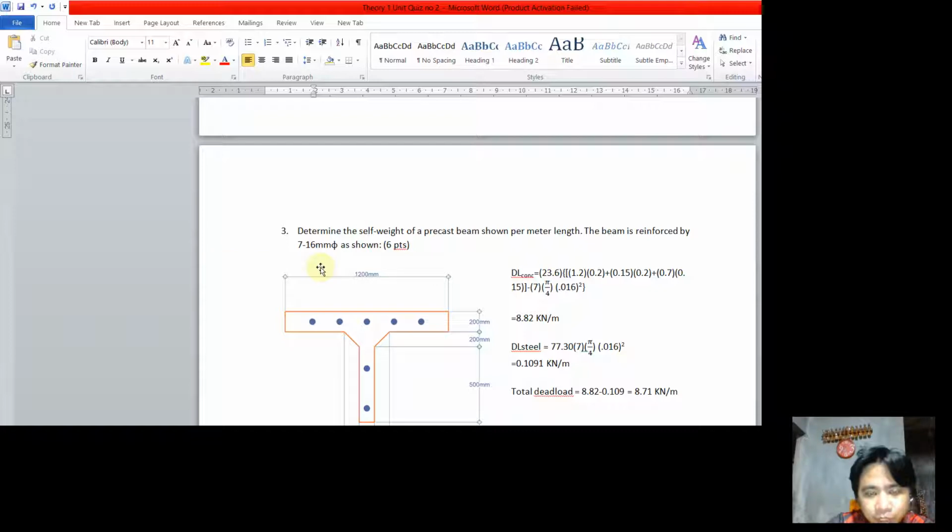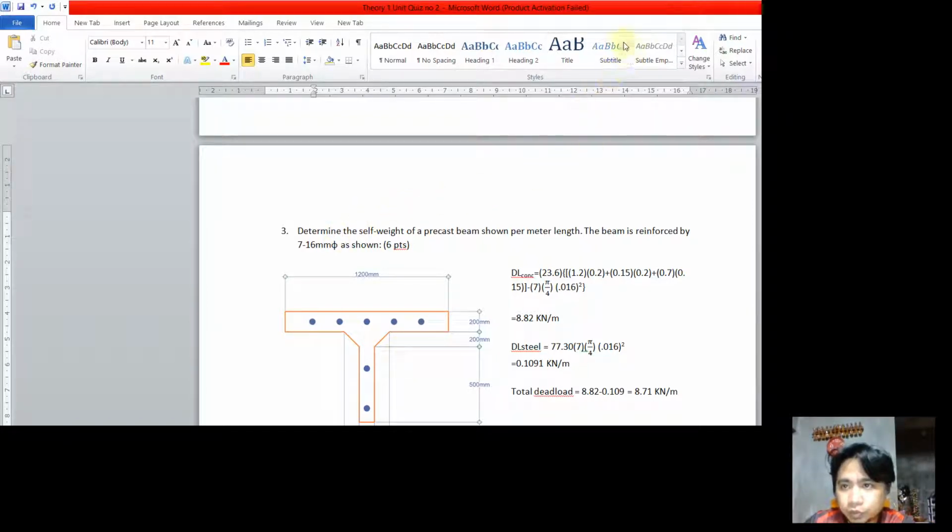So of course we would like to have a composite area to divide these areas, in computing for the concrete area less the area occupied by the 16 millimeter diameter bars.